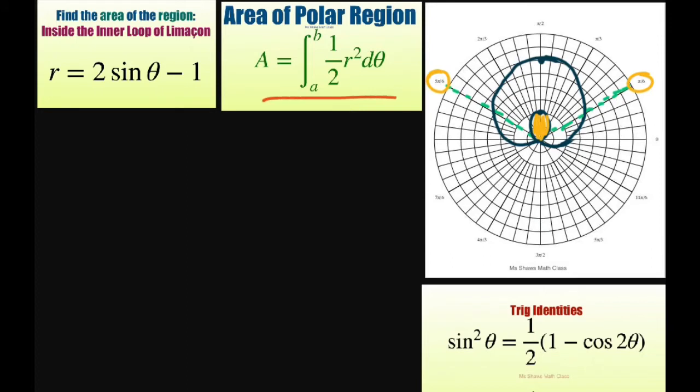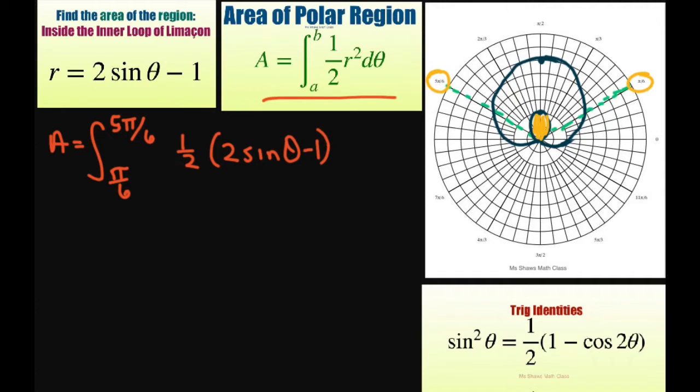So using our formula for the area of a polar region, we're going to set the area equal to the integral. My lower limit's going to be pi divided by 6, and my upper limit's going to be 5 pi divided by 6. Then using the formula, we get 1/2 times (2 sine of theta minus 1) squared d theta.